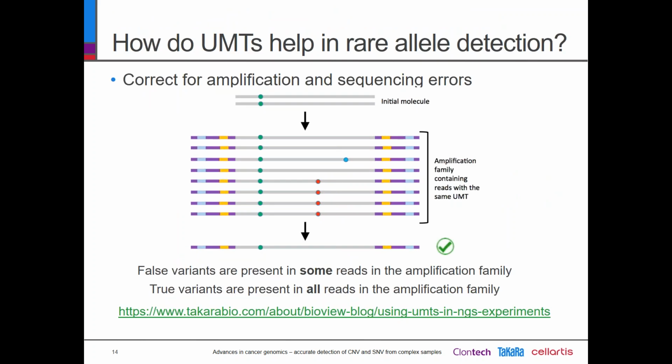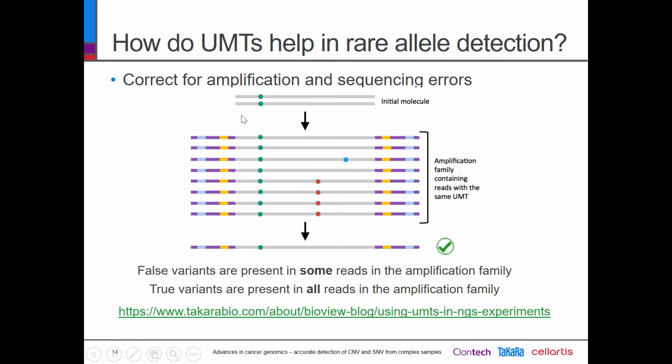So, talking about unique molecular identifiers, how can they help in detecting rare mutations? When you're looking at rare mutations, of course, you want to mainly avoid bias in PCR amplification during library preparation.